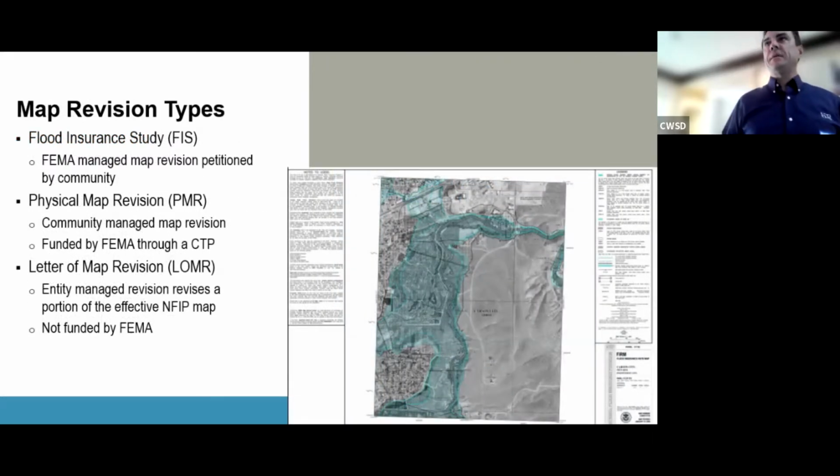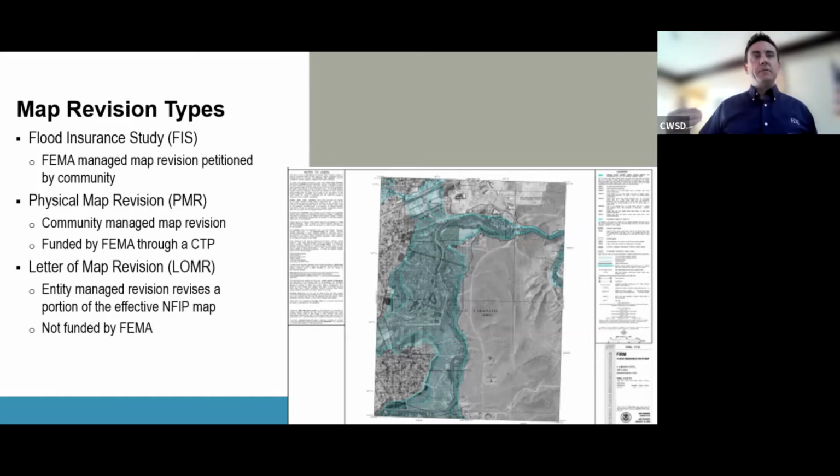So the different types of map revisions that we hear about are what I talked about, the flood insurance study. That's managed by FEMA. It's usually a larger scale. The physical map revision is FEMA funded but community managed, and it typically involves many different map panels. So you're remapping a bunch of map panels. And then you've probably heard of the letter of map revision.